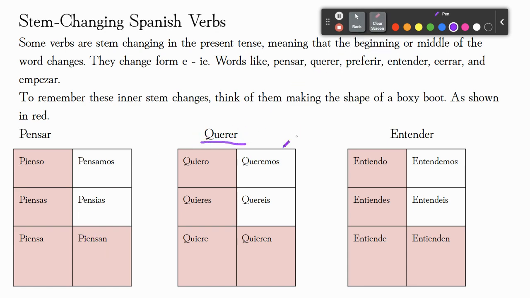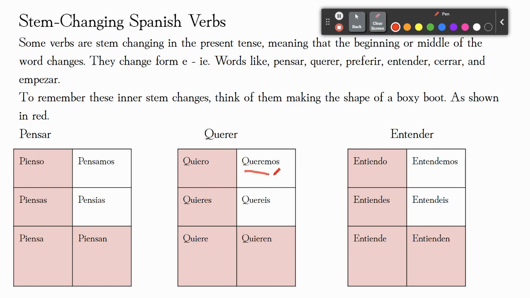And then we have querer, which is an ER changing verb, so the endings are a little different. For the yo form, we have quiero. As you can see, the middle part changes, but the ending rule stays. The tú form is quieres, middle changes, end stays. Él, ella, usted is quiere, middle changes, end stays.